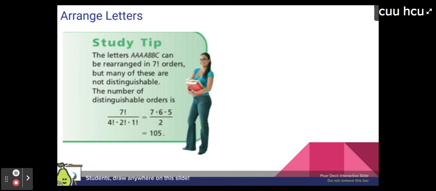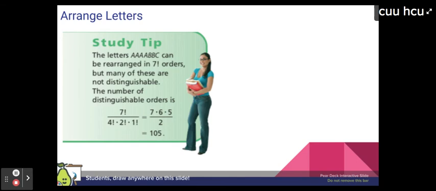So to find the permutation for this one, if you look at my example, the top is going to be n factorial over, depending on how many different letters I have, I'm going to have that many numbers on the bottom. So in here, I have 1, 2, 3, right? My n is 7.